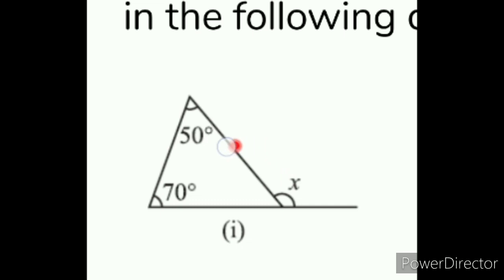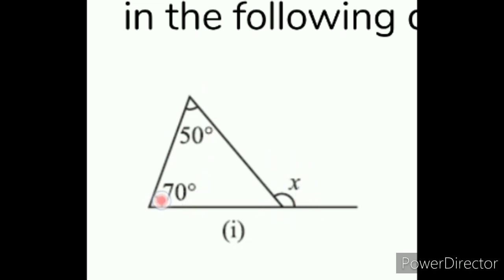Because opposite to this exterior angle we have these two angles. We should add these two angles. Understand? The exterior angle is equal to the sum of the interior opposite angles. Two angles should be opposite to this exterior angle.